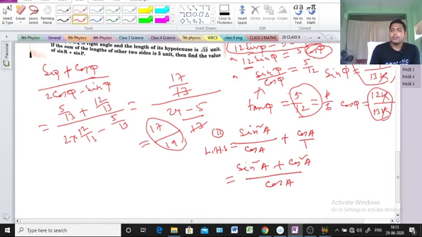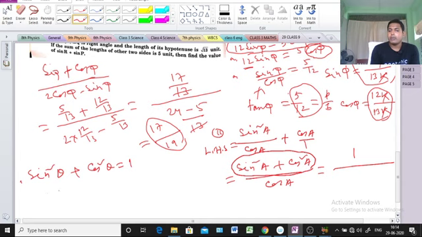Now see, in the numerator we are getting one important thing: sin square a plus cos square a equal to 1, according to the formula. We know that sin square theta plus cos square theta equal to 1. But here a is given, which is only changing the angle.